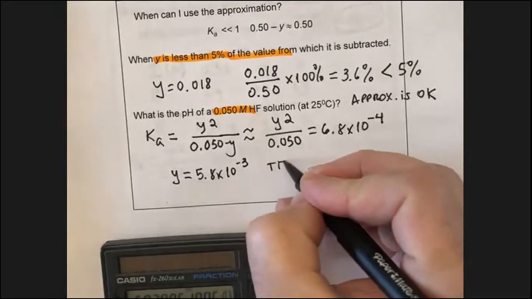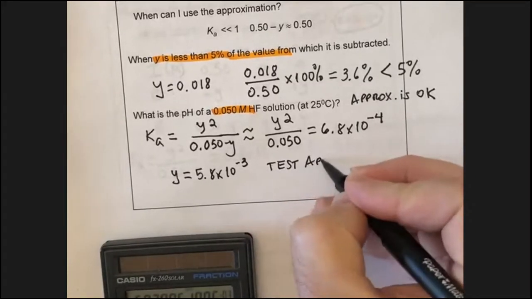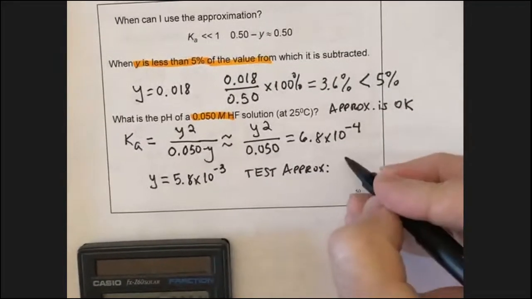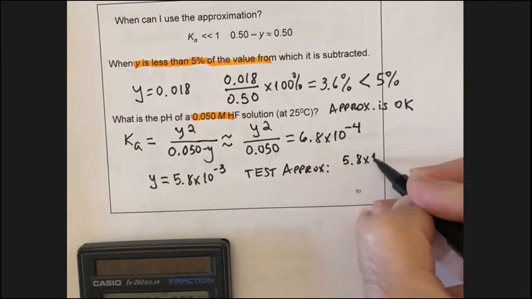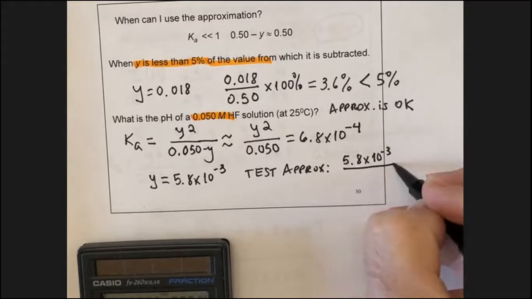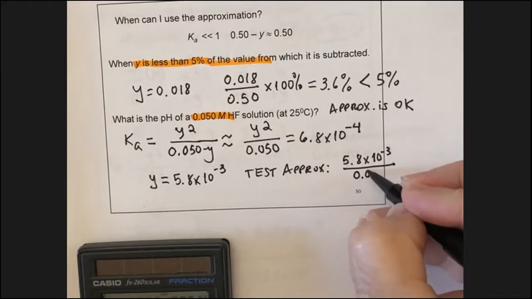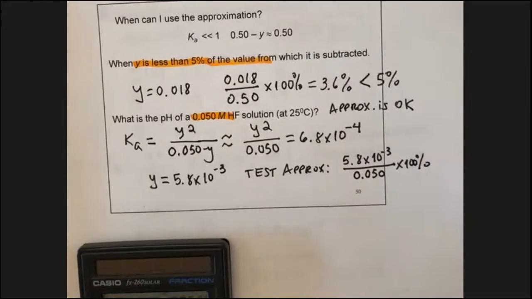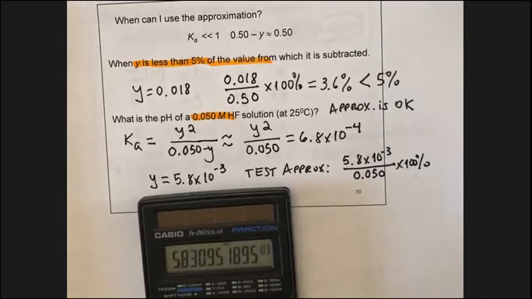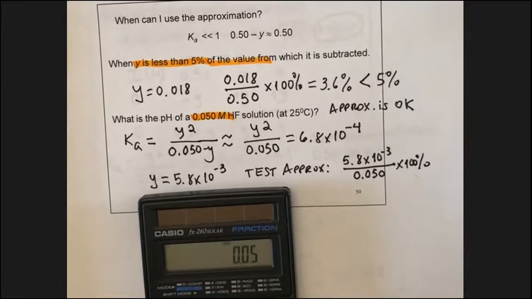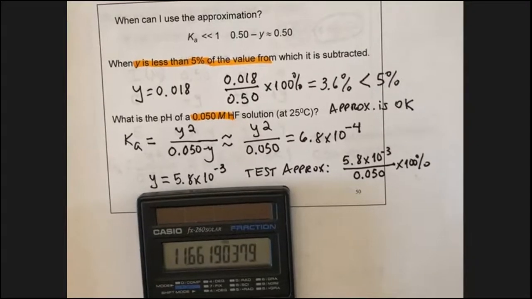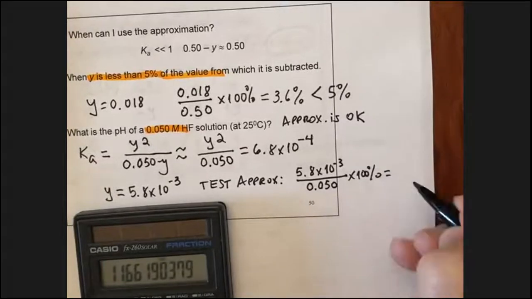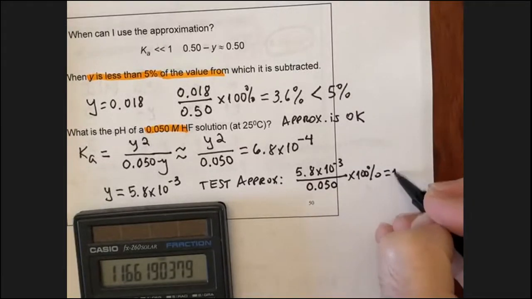Let's test the approximation. That means 5.8 times 10 to the negative 3 divided by the initial molarity, 0.050, times 100%. I'm going to divide this, and that comes up to be about 11, let's say 12%.